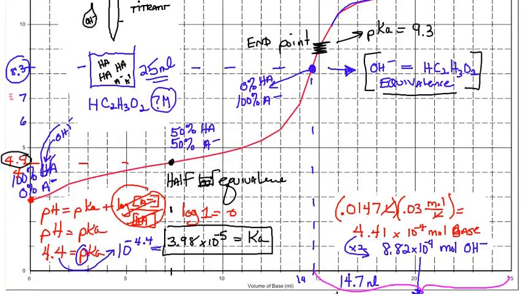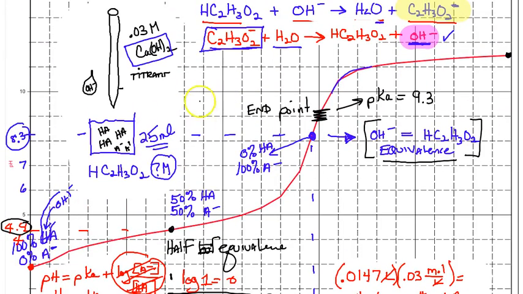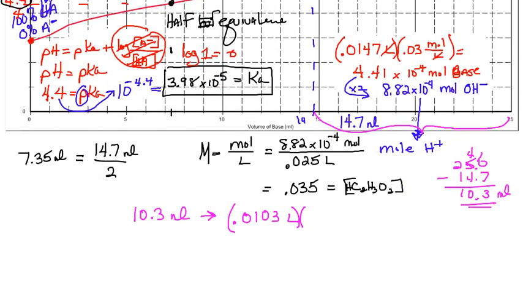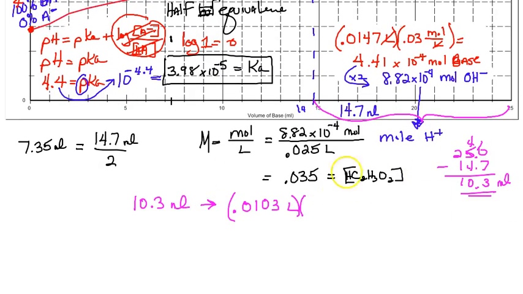Remember, we kept adding base beyond that. So I know my initial concentration is 0.03. I'm going to find the total moles of my hydroxide. Keep in mind that I know it's calcium hydroxide. So there's twice the number of hydroxides. So I'm going to times this by 2, get the total number of hydroxides.